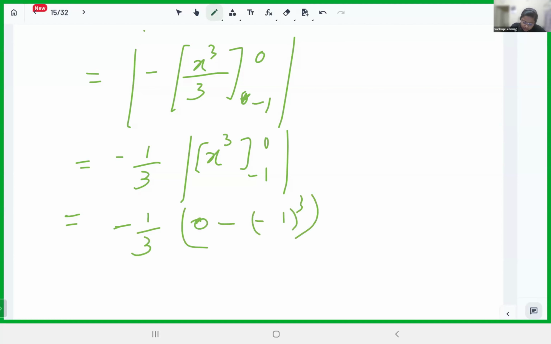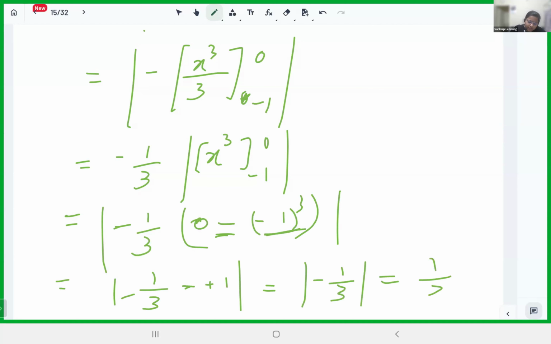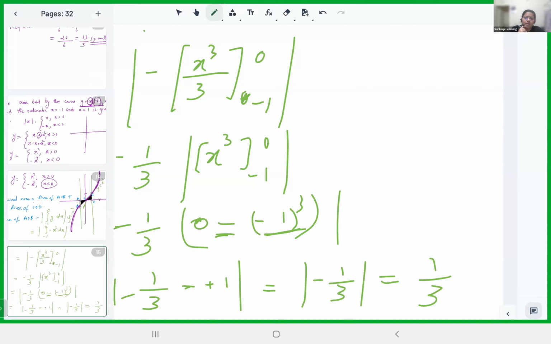What is minus 1 the whole cube? It is minus 1. Minus minus 1 will become plus 1, so that is modulus of minus 1 by 3, which is equal to 1 by 3. So we have got the area of that portion.